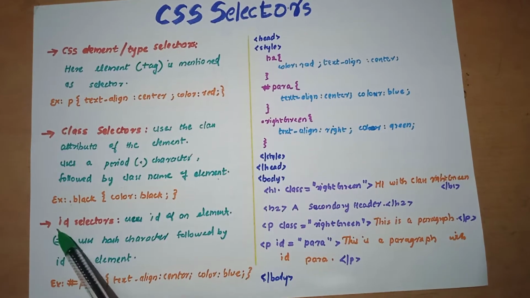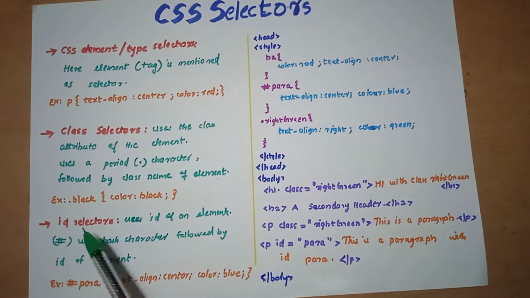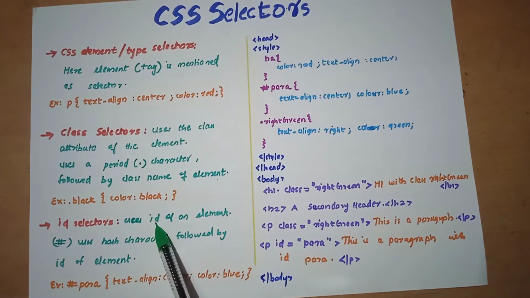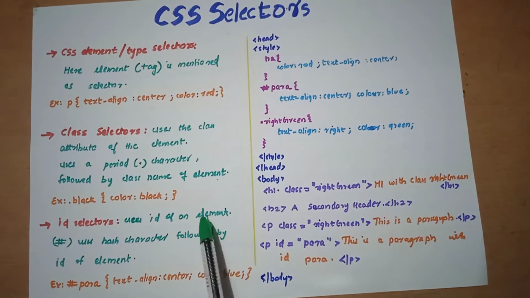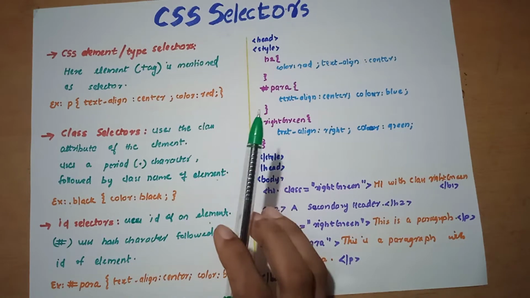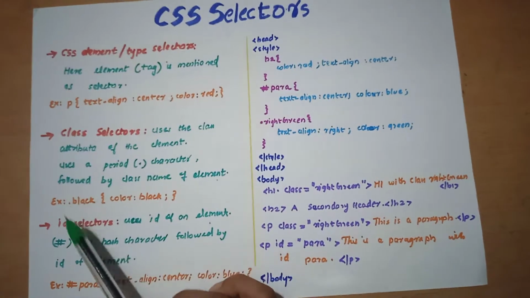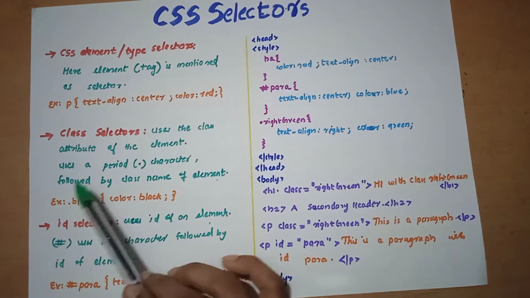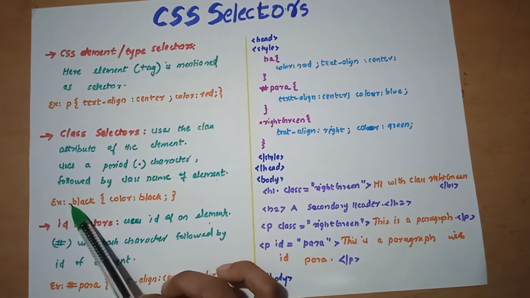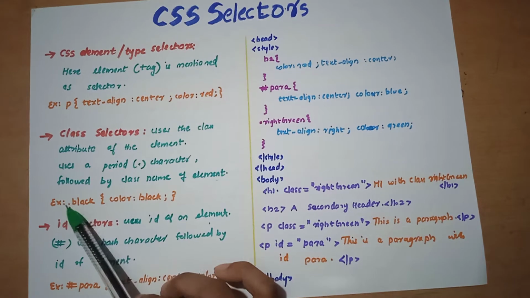The next one is the ID selector, which uses the ID of an element. For the class selector we used a class name and defined it with the dot, the period character.